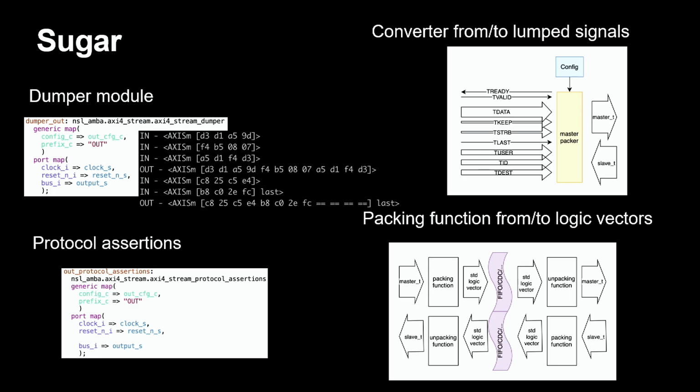It's a way to package the structured type to a bunch of wires, like a vector of wires. This is the basic block to build everything that is related to storing a stream. Like when you have a FIFO or a clock domain crossing or any other encapsulation of a stream over something else, the first thing you need to do is to take the whole bunch of signals and make them a vector.